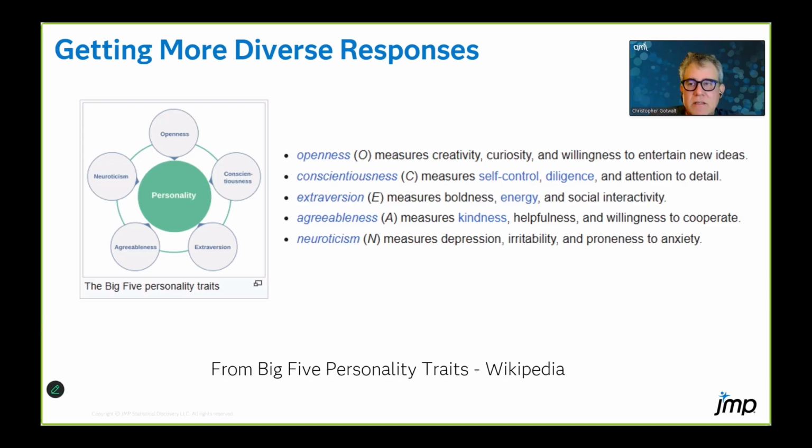The 5 dimensions are openness to experience, which measures creativity and curiosity, conscientiousness, measuring self-control and diligence, extroversion, which measures boldness and how much social interaction you prefer, agreeableness, which measures kindness and helpfulness, and neuroticism, which measures anxiety and depression. If you take a personality test, it will give you percentile rankings on each of these dimensions, and these dimensions are approximately independent of one another.